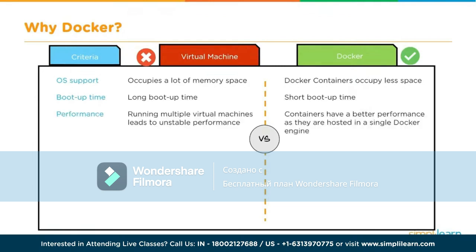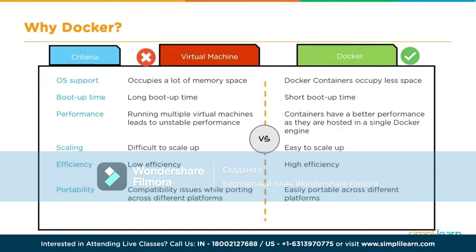The performance of the Docker environment is actually better and more consistent than the virtual machine. Docker is also very easy to set up and very easy to scale. The efficiencies, therefore, are much higher with a Docker environment versus a virtual machine environment. And you'll find it is easier to port Docker across multiple platforms than a virtual machine.